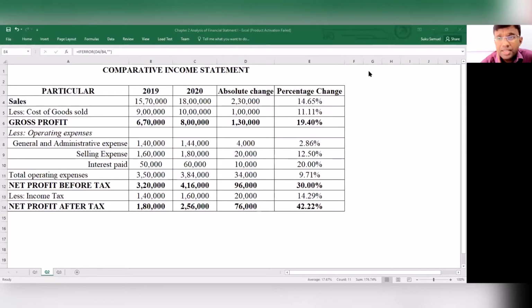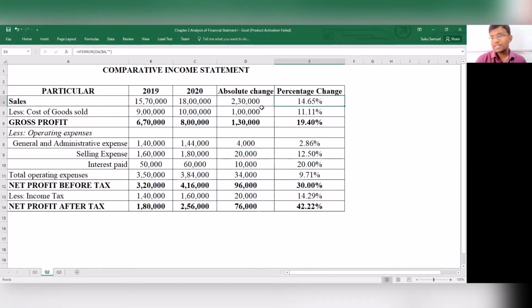Now that we have completed the solution of the comparative income statement, let's discuss the items one by one, and we can also have an evaluation regarding the changes that have taken place in the organization between 2019 and 2020. If you look at sales, sales has increased by 14.65%.